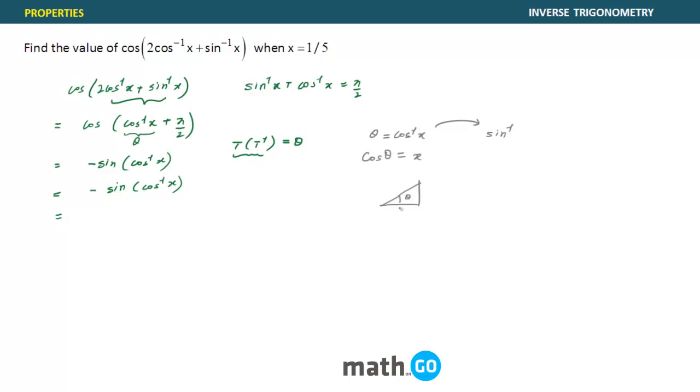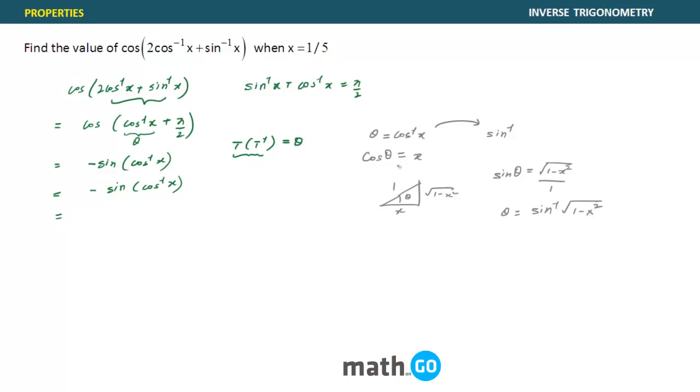Cos theta is base upon hypotenuse. So let's say the base is x and the hypotenuse is 1. What will be this particular value? This will be nothing but under root 1 minus x square. And if this is there, what will be the value of sine theta from here? Sine theta will be nothing but under root 1 minus x square by 1. And you can say that theta is nothing but sine inverse under root 1 minus x square.